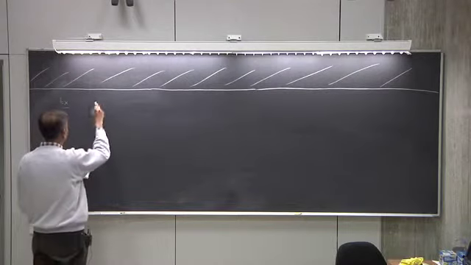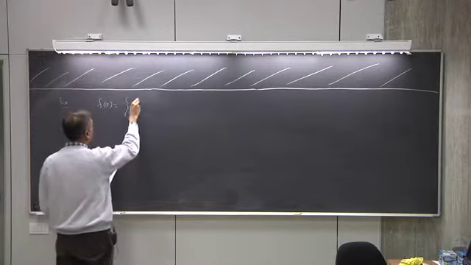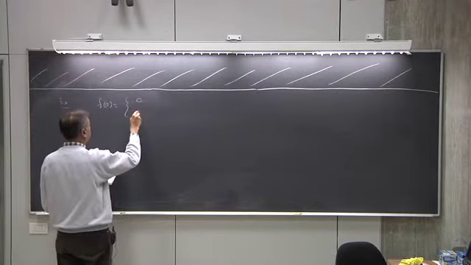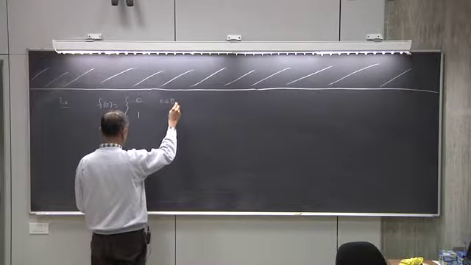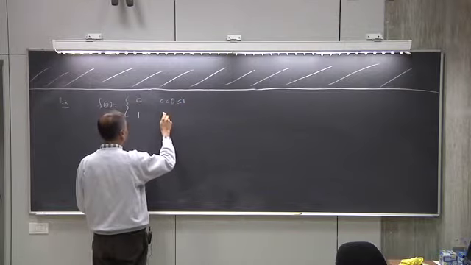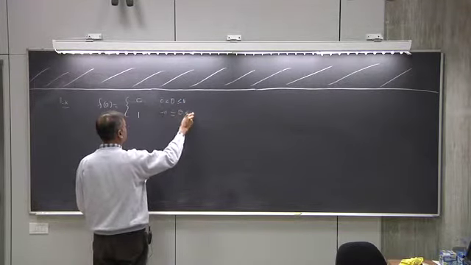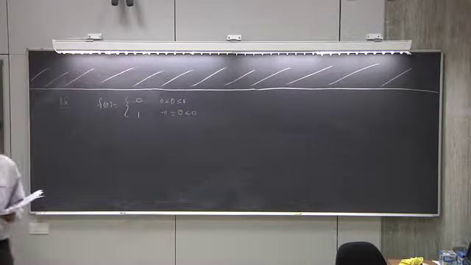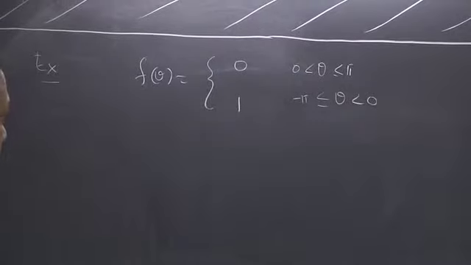So the example was f of theta equal to 0 and 1. The range was between 0 and pi, and here it was minus pi. This function is discontinuous, as you can see.